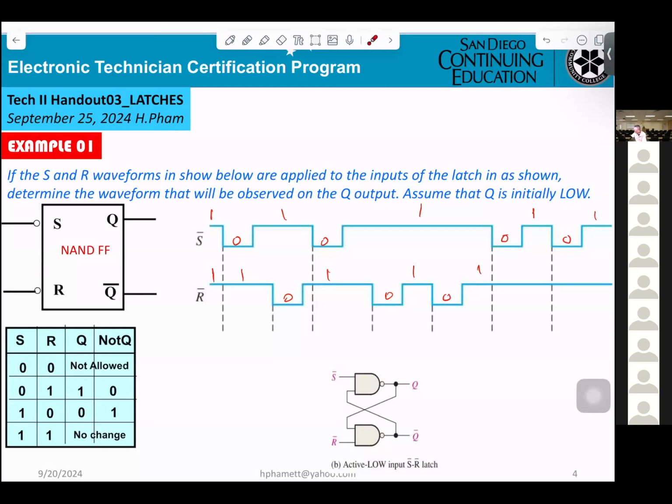Assume that Q is initially low. So basically, we start with Q here. At the beginning it will be 0, is that right? That's what they are telling you right here: assume Q is initially low.